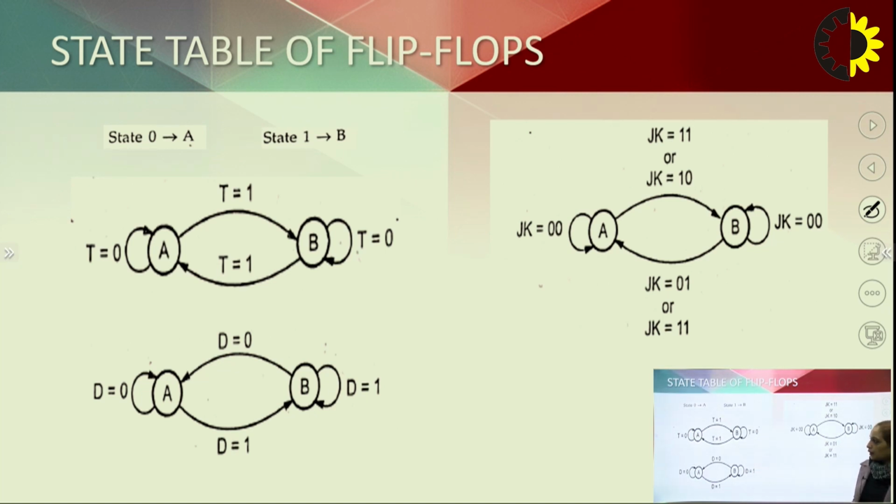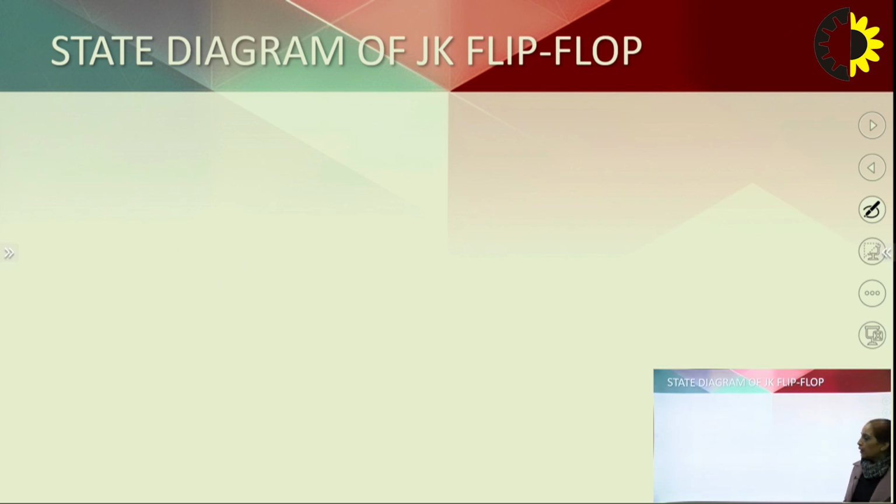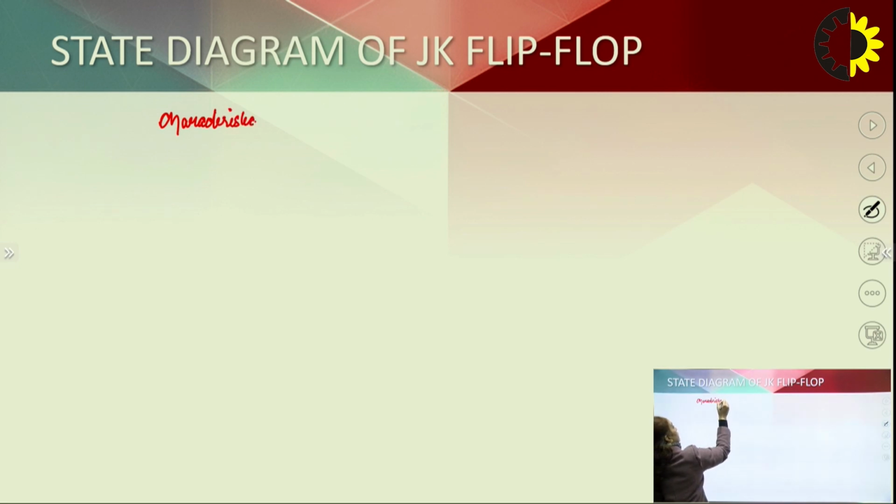Let me explain this JK flip-flop, how the state diagram of JK flip-flop is designed. To draw the JK flip-flop, first we write the characteristics table of the required flip-flop.